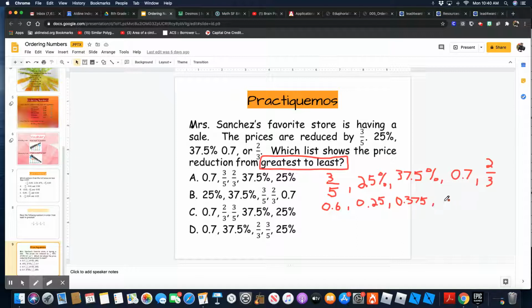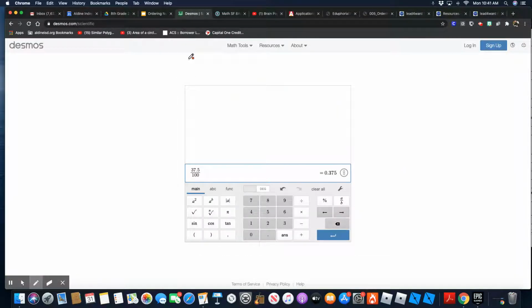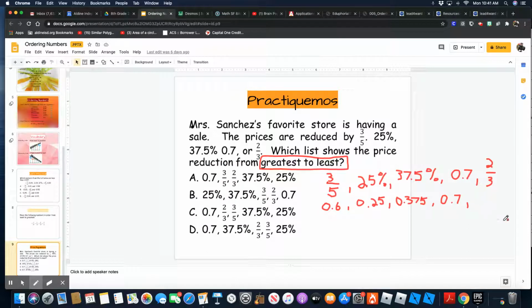All right. Next one is 0.7. That's already a decimal, so we are good there. 2/3, we've done that one before, but let's do it again. 2 divided by 3 gives me 0.66.